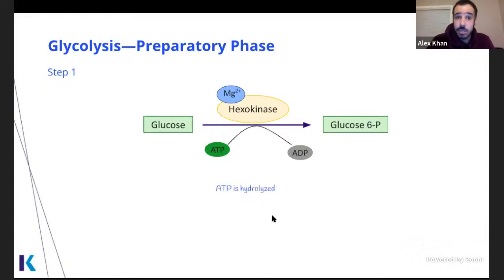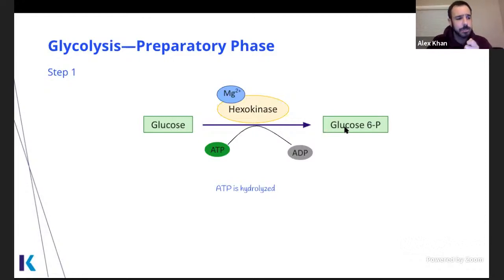Cool. So that's how we get started. ATP is hydrolyzed, we're breaking it. This is adenosine triphosphate, a molecule that has 3 phosphates on it, and it becomes adenosine diphosphate because we are poaching one of those phosphates and attaching it firmly onto the glucose in the 6th position. Why are we doing this?